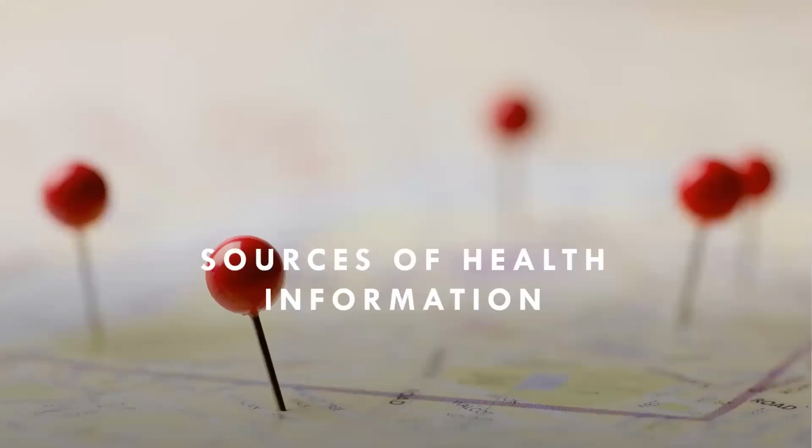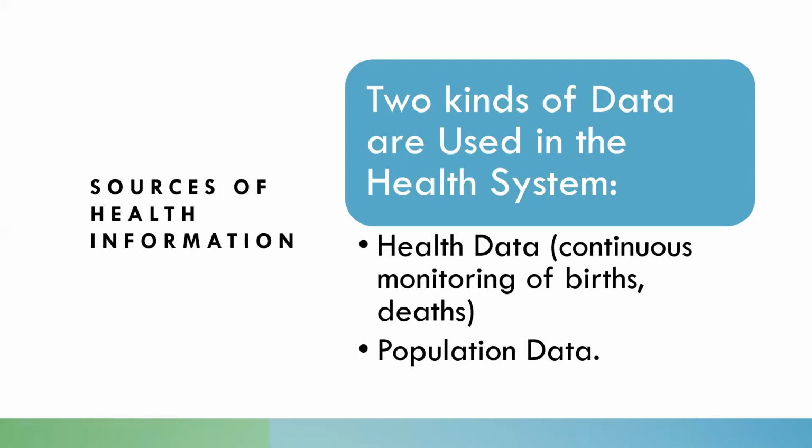Now, coming up to the sources of health information. First of all, I will explain the sources of health information that are generally used for different health information systems, and then later on I shall focus on the health management information system and its data sources or tools.